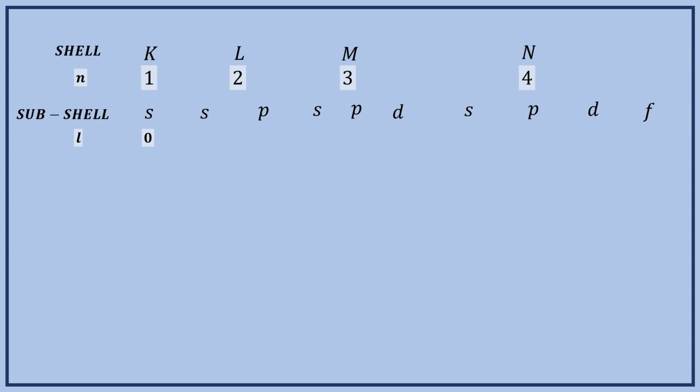For K, n is equal to 1, so n minus 1 is 0. So it begins and ends right here. Now for P subshell, it will go till 1. For S subshell it is 0, for P subshell it is 1, for D subshell it is 2, and for F subshell it is 3, and so on. This is how we distinguish the subshells within a shell.